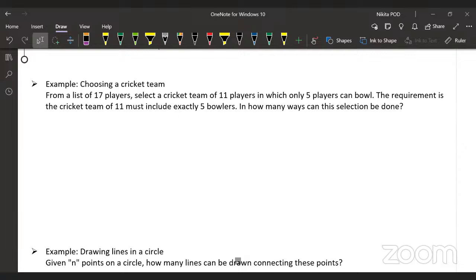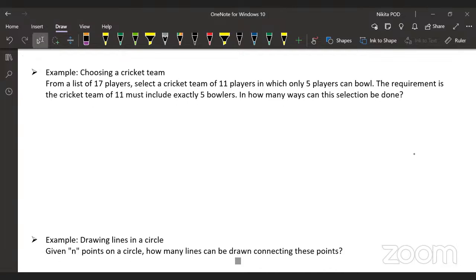All right. What about this? You have a total of 17 players. You have to select a cricket team of 11 players in which only 5 players can bowl.